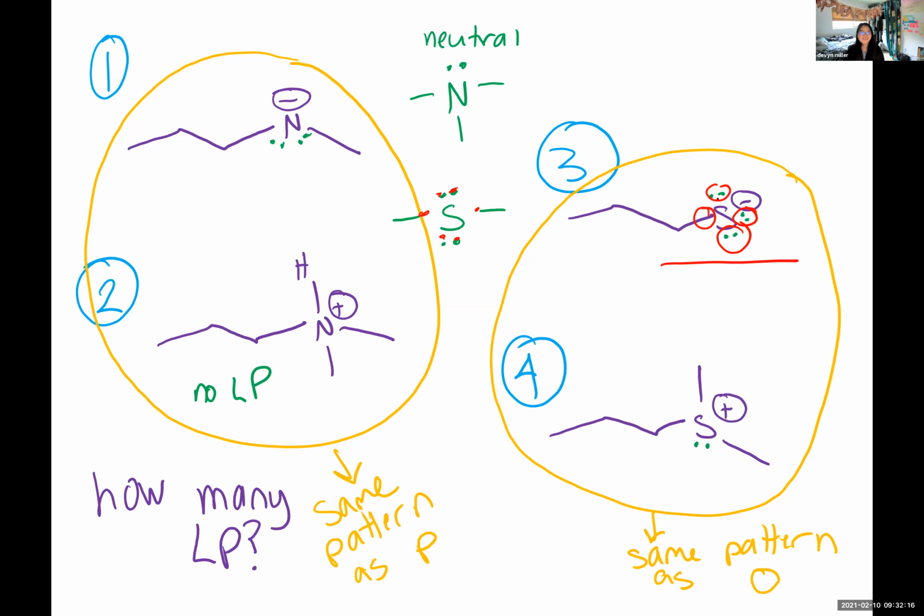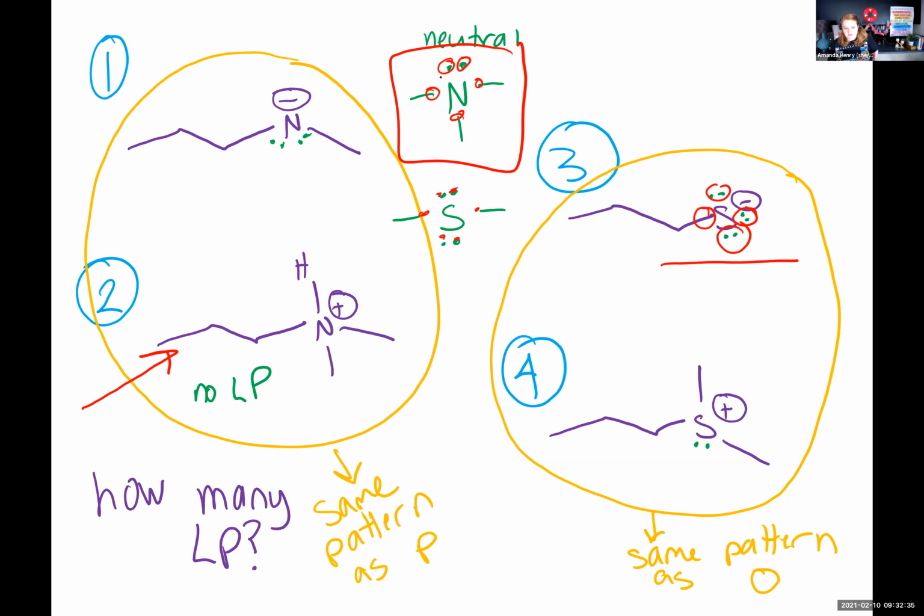Okay, thank you. Can you explain number 2 again? This one right here, number 2? Yeah. Okay, so if we think back to nitrogen over here, nitrogen has 5 valence electrons, right? So we have the 1, 2, 3, 4, 5. That's what makes it neutral with 3 bonds and 1 lone pair. And so in order to have a positive charge, instead of having 5 electrons around it, it would only have 4 electrons around it.